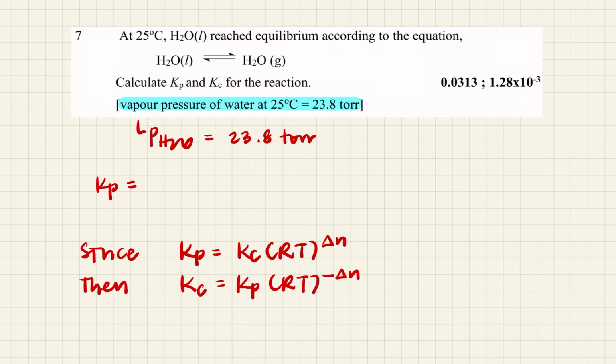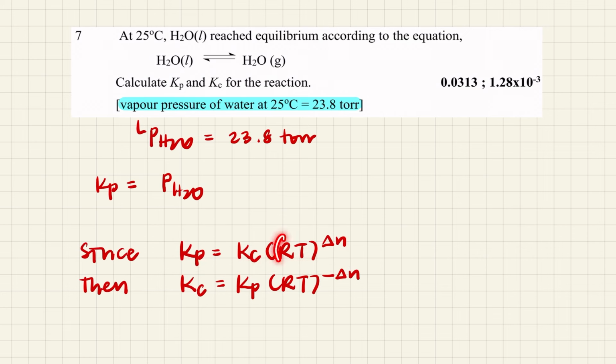Since you have liquid water here, it is not going to be in your expression, so we only have H2O gas. So this will be the partial pressure of H2O, right? Okay, so from here you can already find your Kp, right? But we want our answer not in torr but in an SI unit, atm. Okay, because later we will be using this formula.